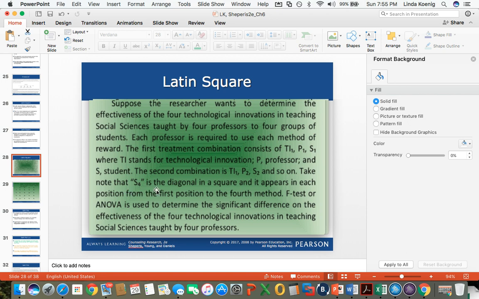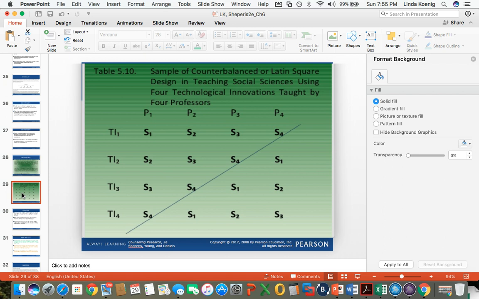Now we're going to look at the next slide, and this is what this would look like. So here's our technology 1, 2, 3, 4. Here's our professor 1, 2, 3, 4. And these are our students. So Professor 1 using technology 1, Professor 1 using technology 2, and our students are populated throughout this grid.